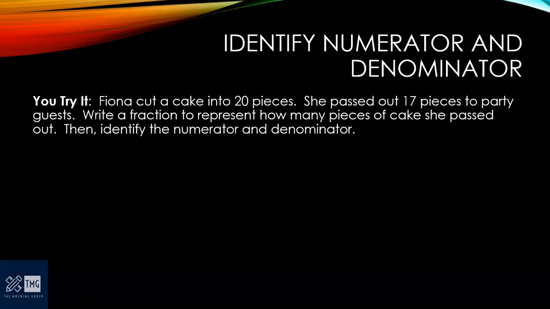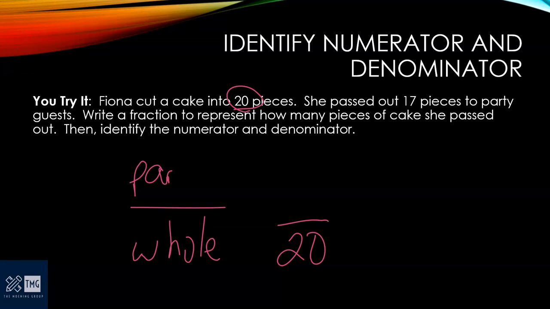All right, so if we think this through, she cut the whole cake into 20 pieces. So we always put the whole on the bottom, right, the denominator. And the part is going to go on top. So she passed out just 17 pieces.